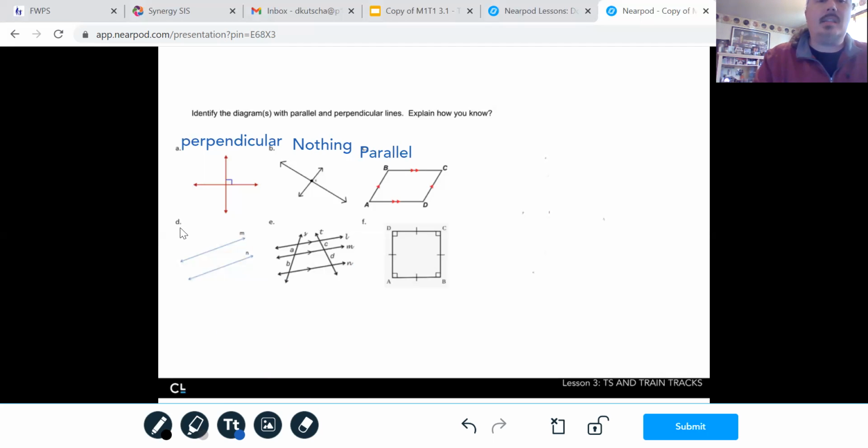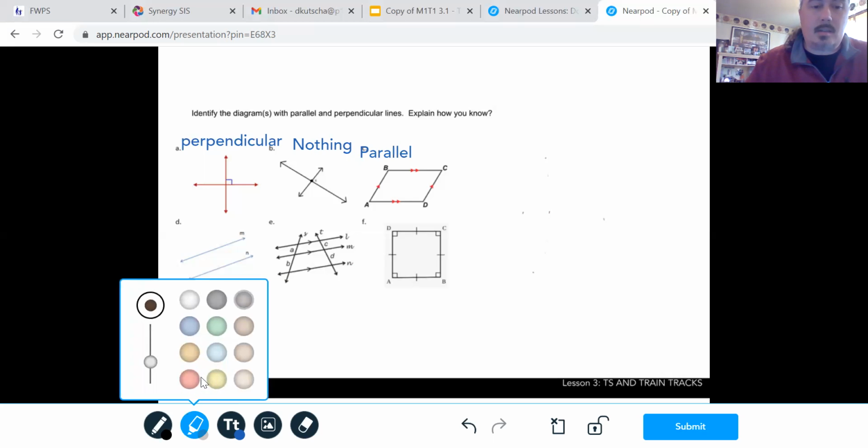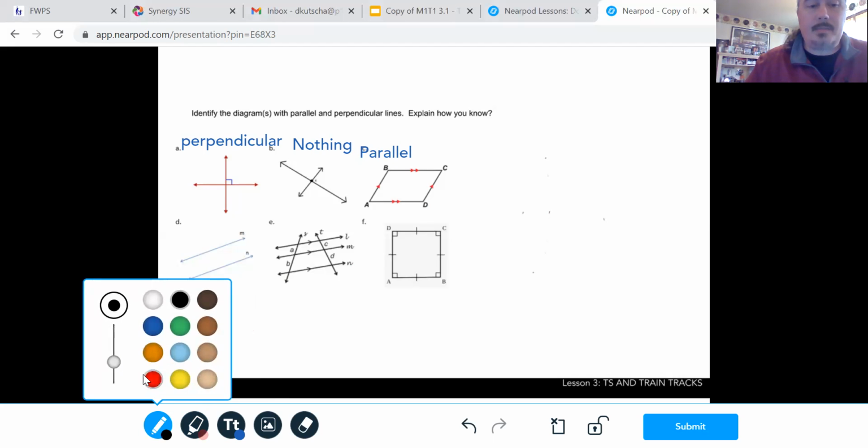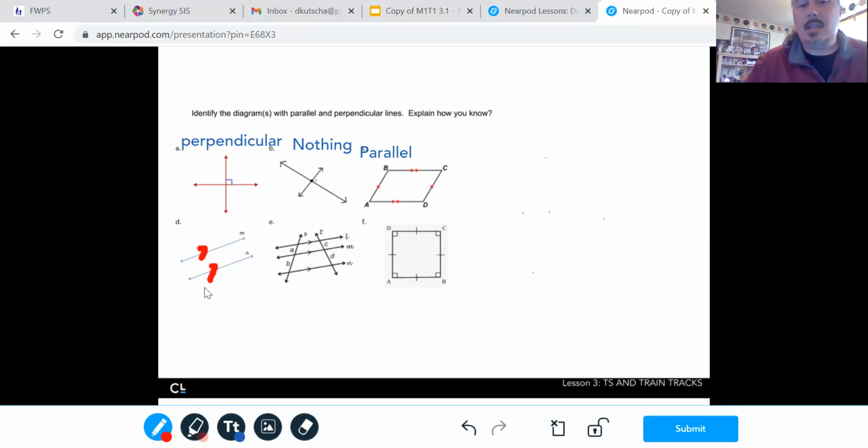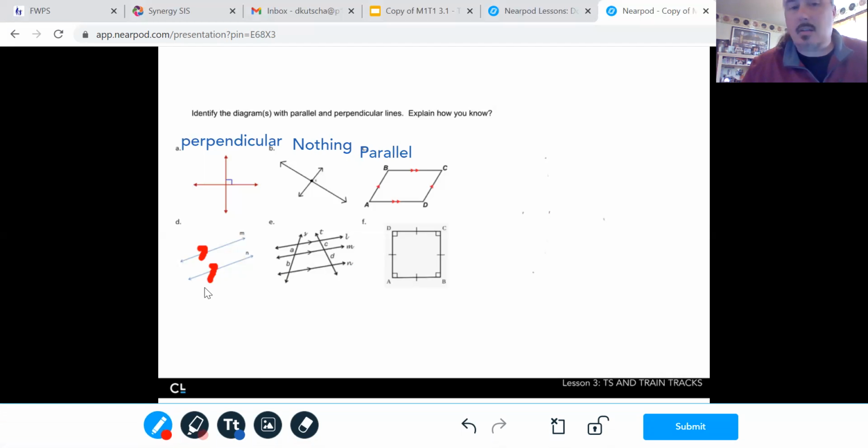There's nothing here that tells us that these lines are parallel either. If there were some arrows written in here, then I would say yeah, these are definitely parallel. Line M and line N are not parallel because there's nothing that says that they are. Therefore, it is nothing.